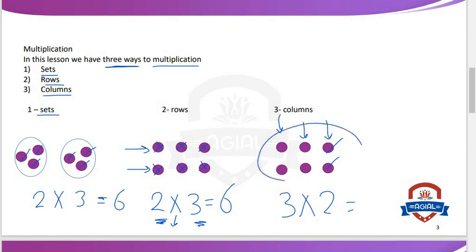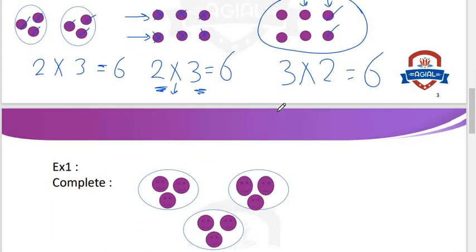How many balls in all? Well done, 6. So 3 multiply 2 equals 6. Is this easy? Do you understand it well? How we can use groups to multiplication? How we can use rows to multiplication? How we can use columns to multiplication?